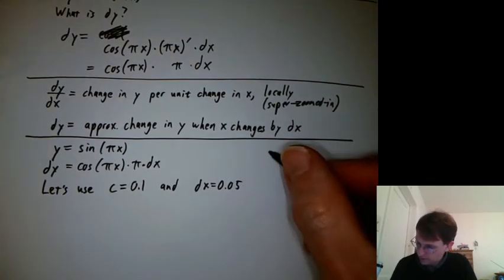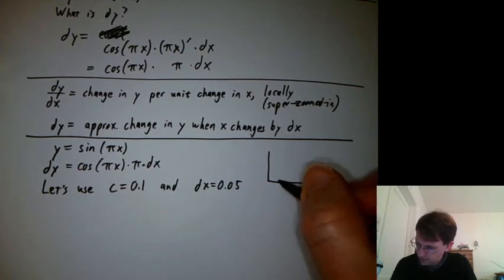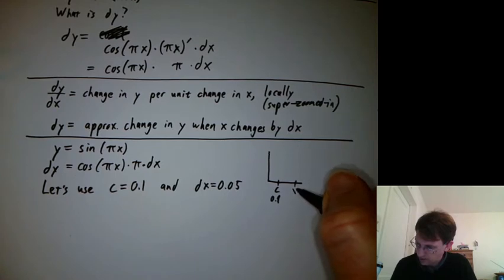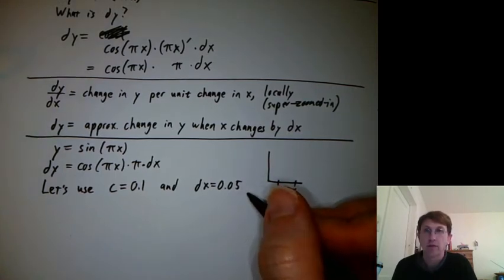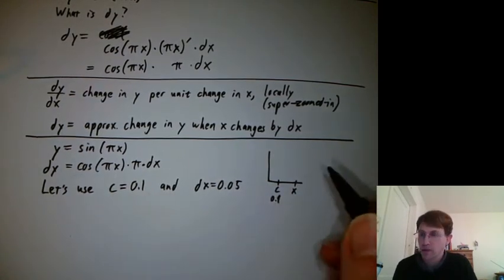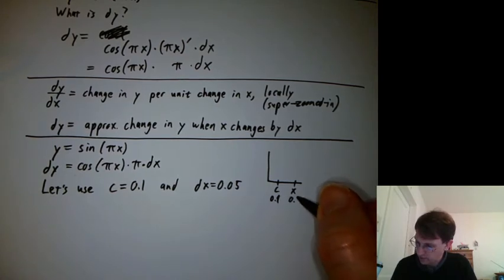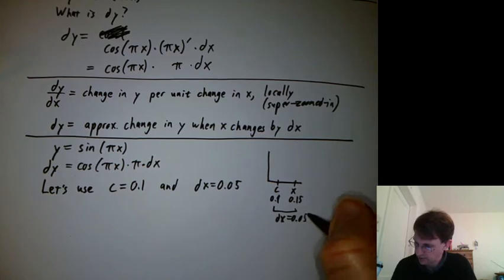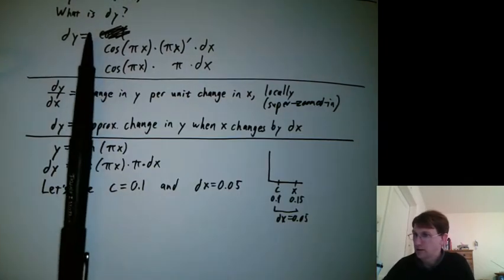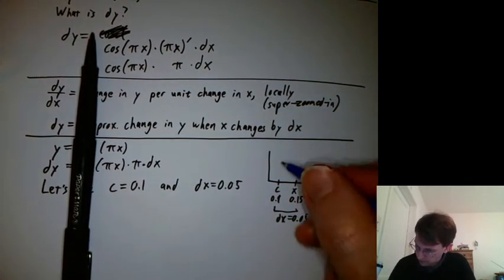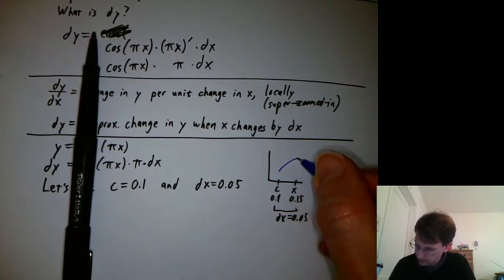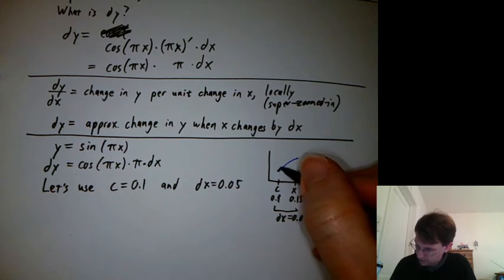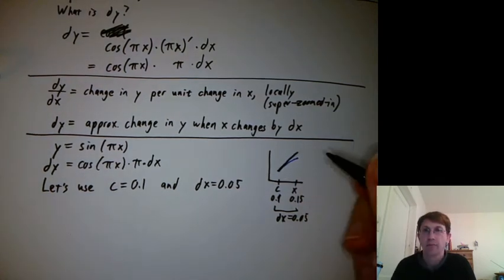And if you graph this, you'll see, so here's c of 0.1, and where is x? It's not 0.05, it's 0.1 plus 0.05, so it's 0.15. So dx equals 0.05. Our function is kind of curving like that, and our tangent line is doing that.